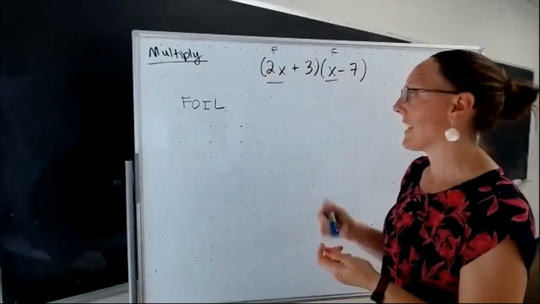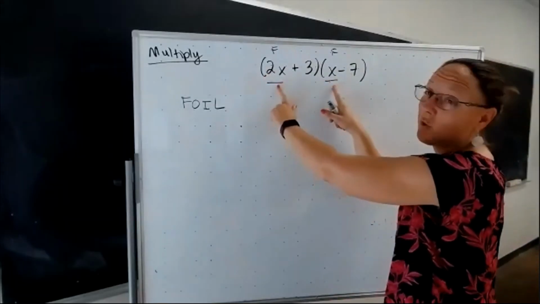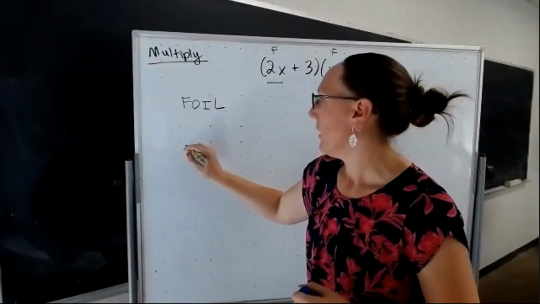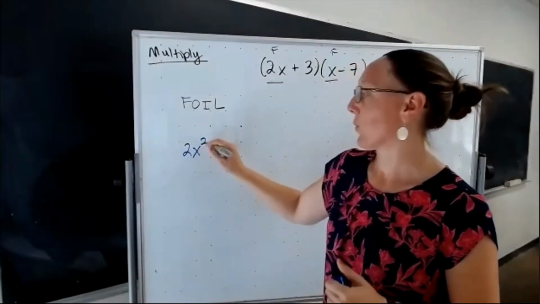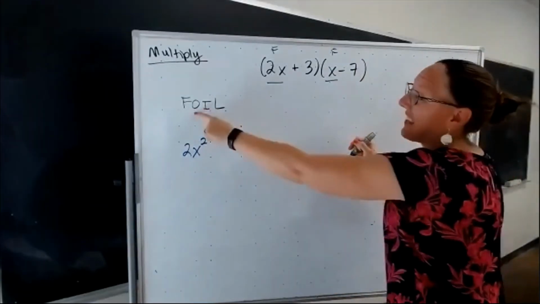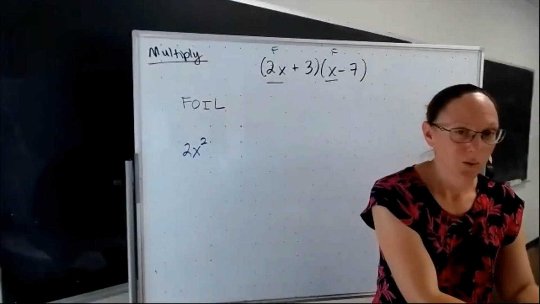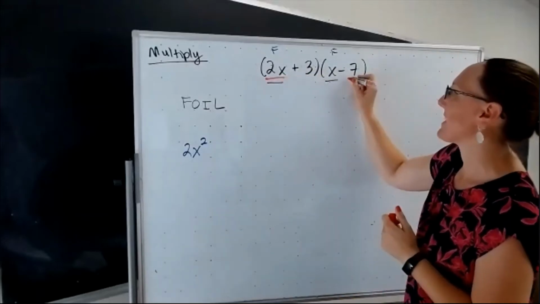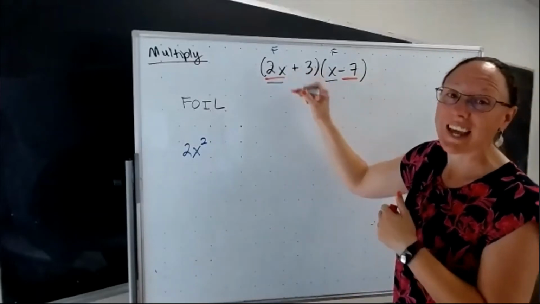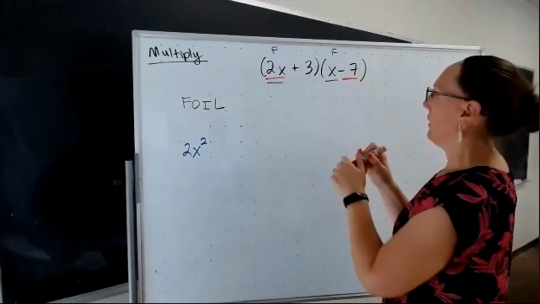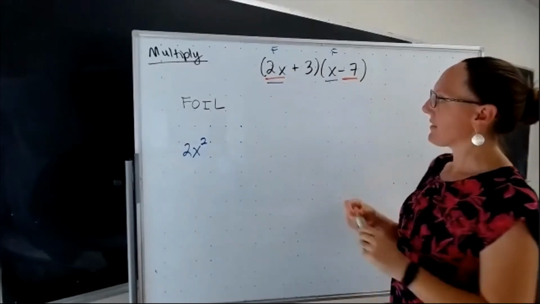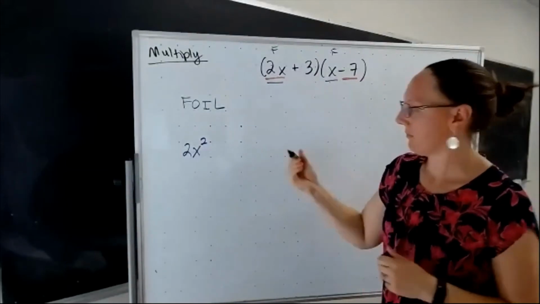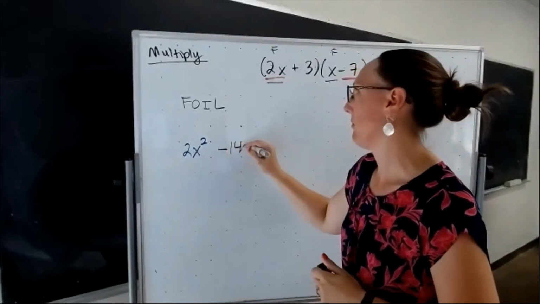So if I were writing this out, the way this works is I take the first two terms, so the 2x times x, which would give me 2x squared, and then the outer terms, so my outer terms would be 2x and -7 because they're on the outside. 2x times -7, so that's -14x.